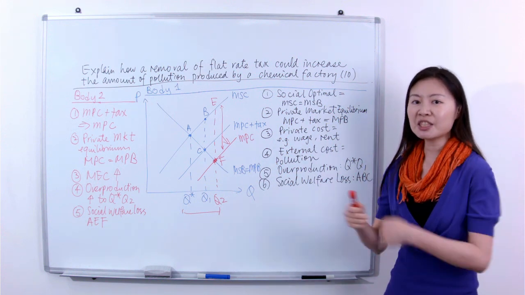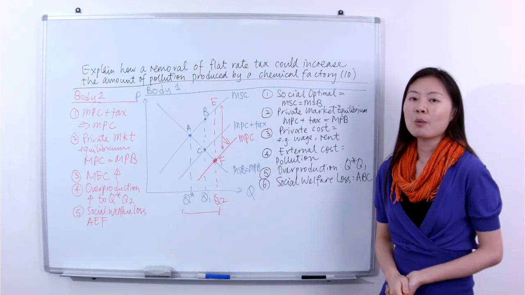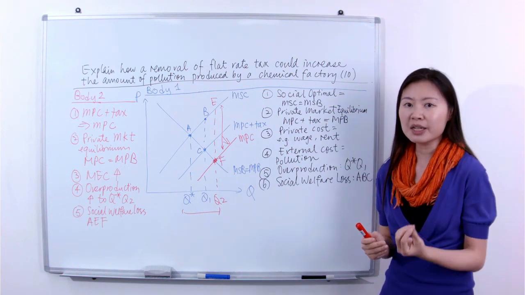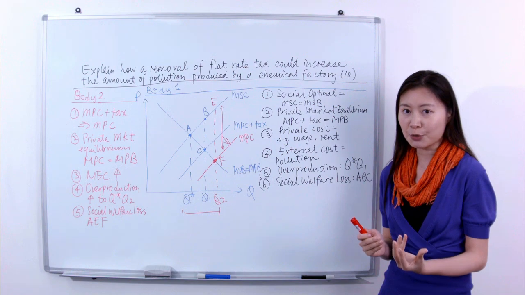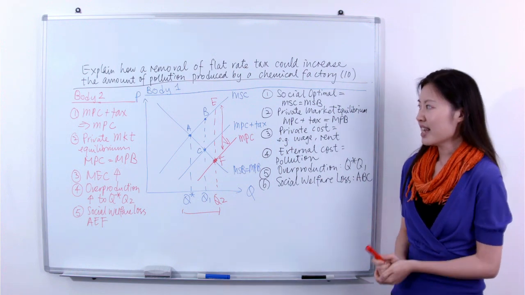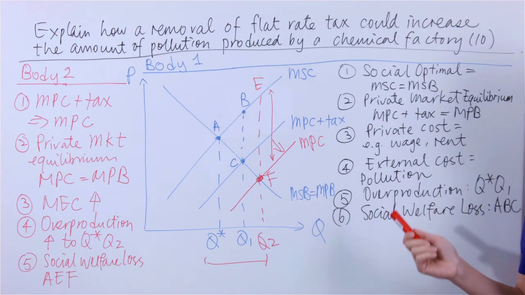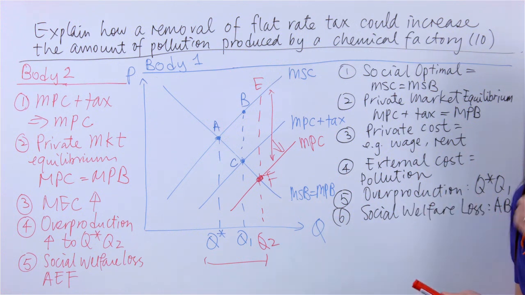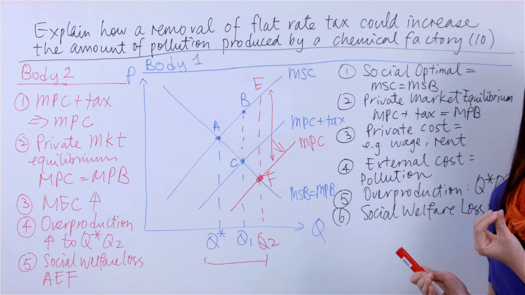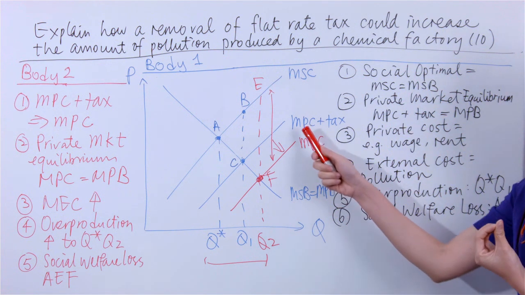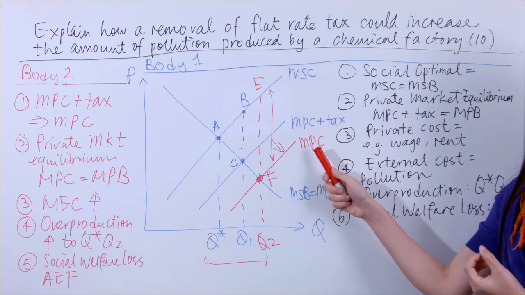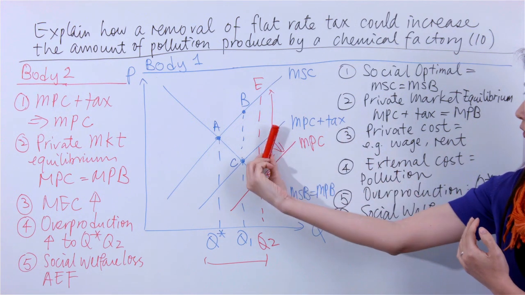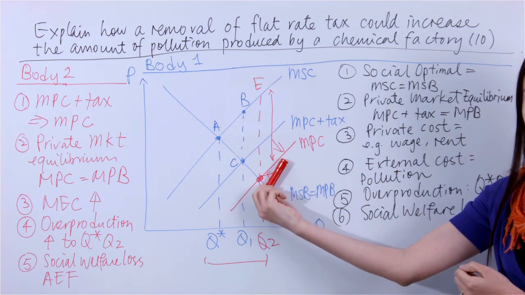Next, in body 2, we'll talk about how a removal of flat rate tax would increase the amount of pollution by a chemical factory. Here, if a flat rate tax is removed, what we would observe is that the cost of production reduces from MPC plus tax to MPC. The curve shifts from the blue line to the red line.